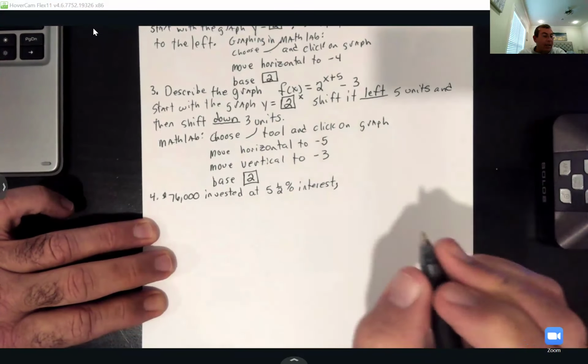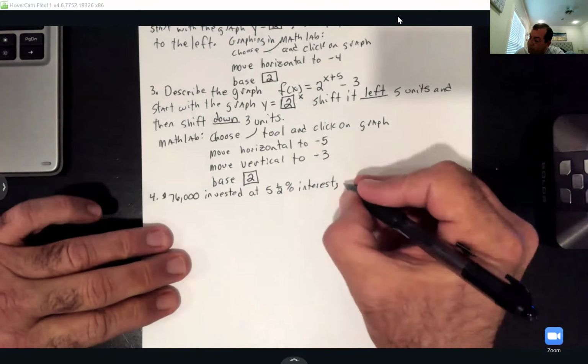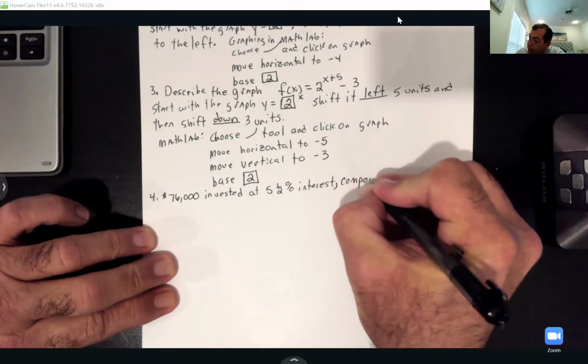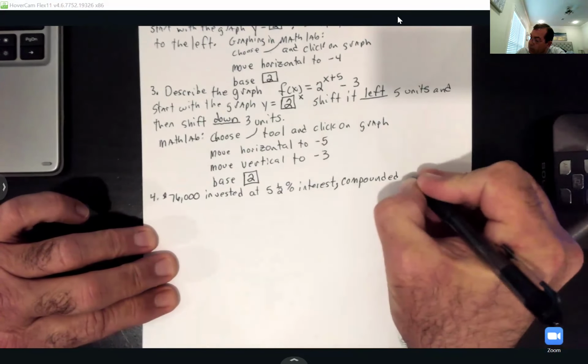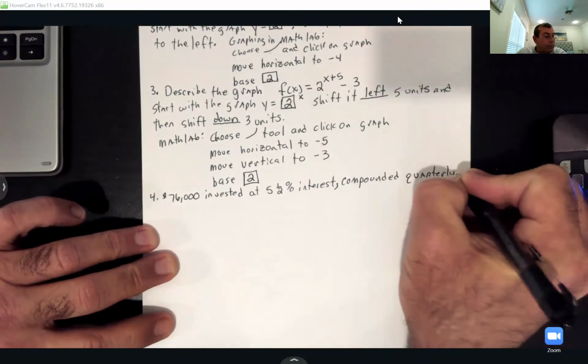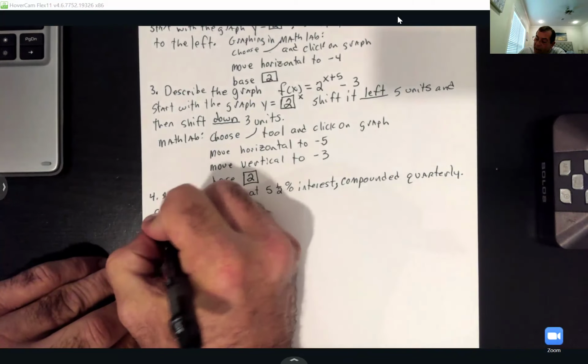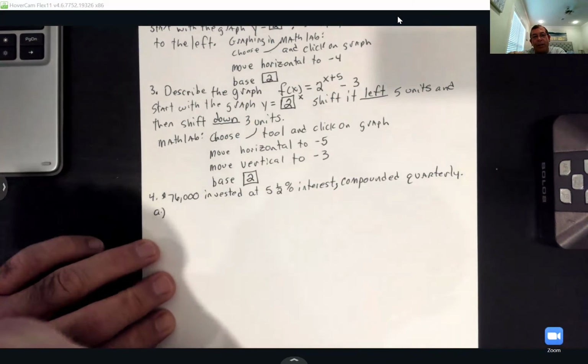And then this is compounded quarterly. Okay, so that's the info they gave me. So this is a part A and a part B question, okay?